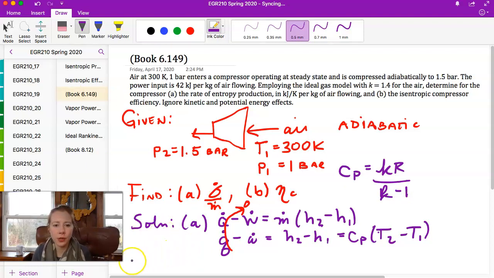So actually let's just go ahead now and solve for T2.